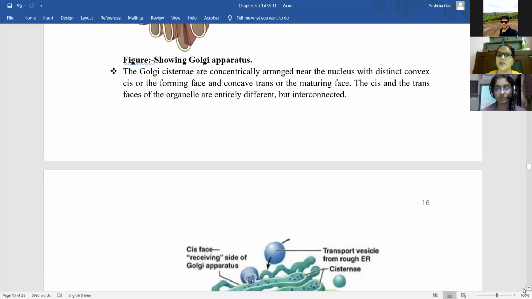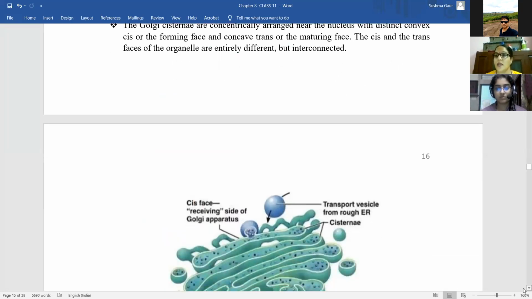So what is the function of Golgi? I have told you in the last class. What's the function of endoplasmic reticulum? Synthesis and secretion of proteins, and they are packed in vesicles.